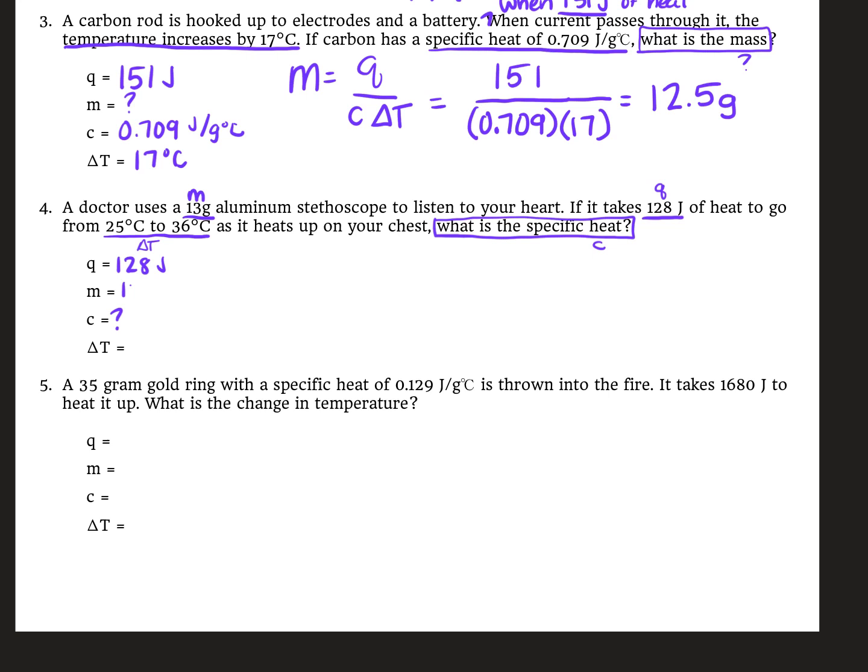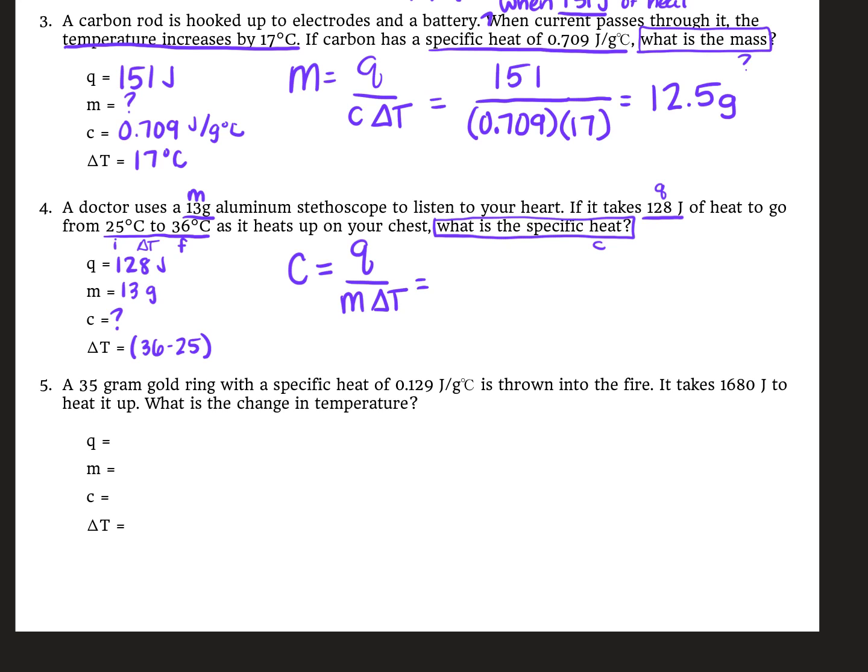Our mass was 13 grams. And delta T, this is our starting, our initial, and this is our final. So 36 minus 25. Because we want to find specific heat, we will use C equals Q divided by M times delta T.